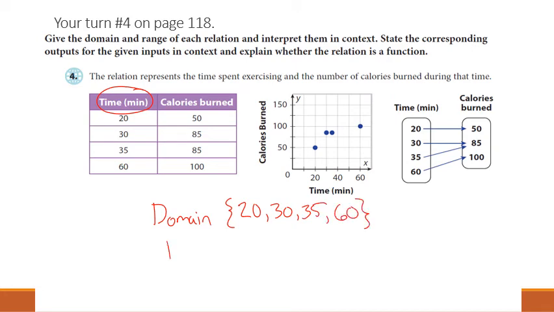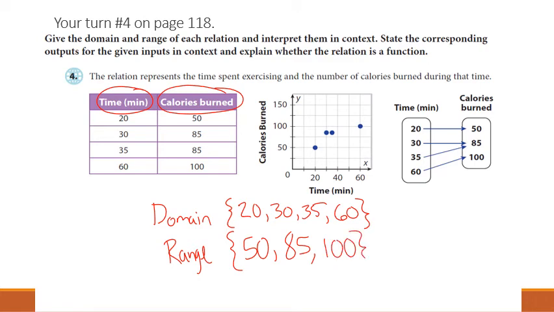The range will be all of the calories that are burned, all the values of your output. So we'll have 50 calories being burned, 85 calories being burned, 85 again, but since I already wrote it down once, I don't need to write it again. We don't need repeaters. And then 100.